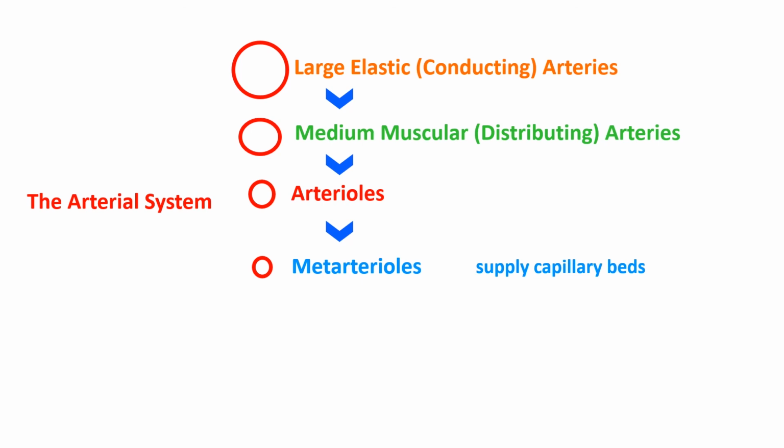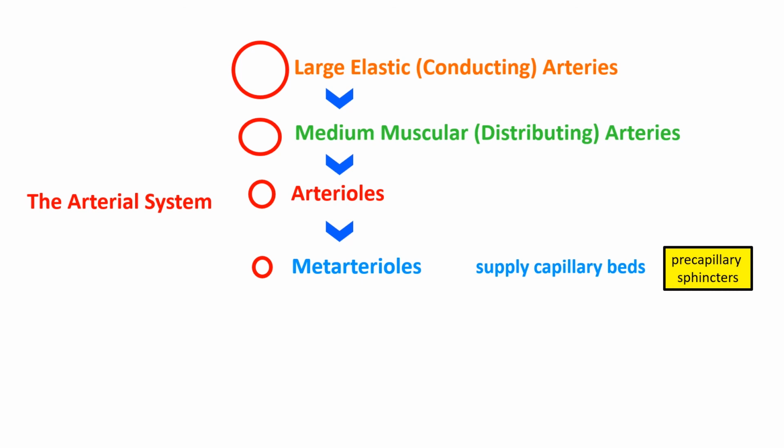What is the capillary bed? It is the capillaries between cells of tissues, and they have the last ring of smooth muscle cells in their tunica media, usually one layer, and this is called pre-capillary sphincters.